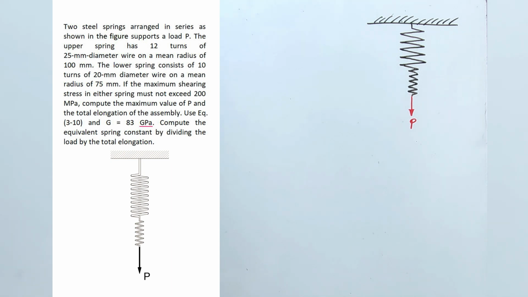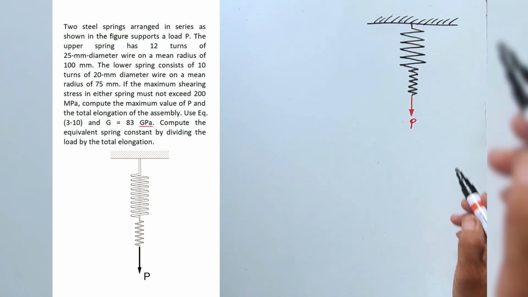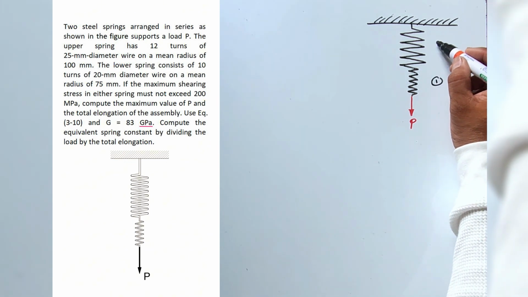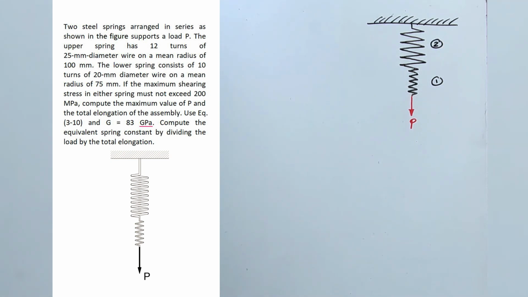Use equation 3-10 and modulus of rigidity equals 83 gigapascal. Compute the equivalent spring constant by dividing the load by the total elongation. Okay, so if we call this our spring number 1, this spring number 2, we're given the number of turns, wire diameter, and mean radius of each of the springs.